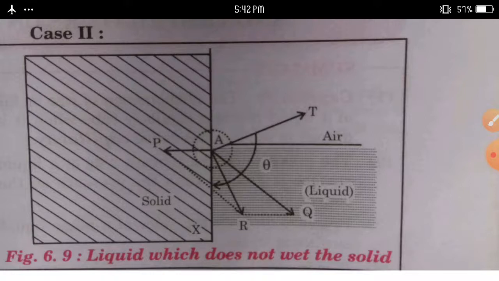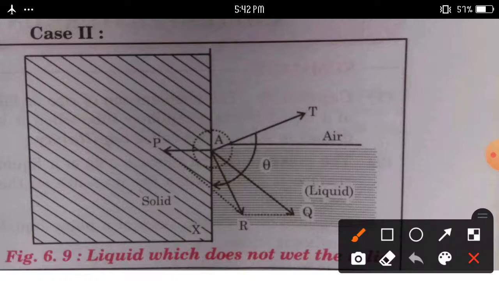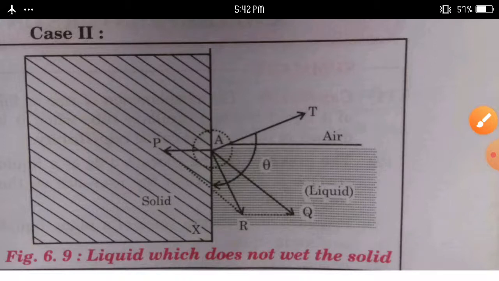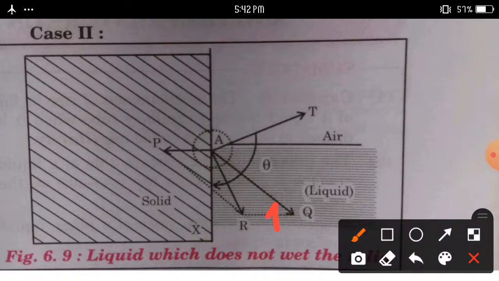The resultant cohesive force AQ on molecule A is large.